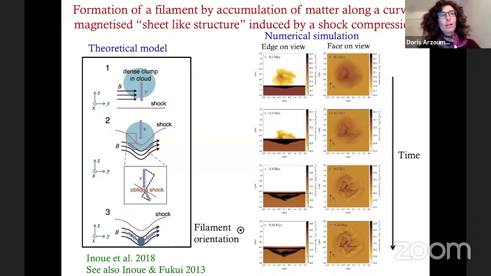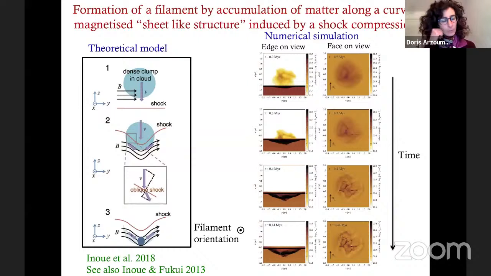It has to be connected with the magnetic field. And the fact that the magnetic field is strong makes this bending possible. If the magnetic field was not strong enough, then you would not have this bending, and you would not be able to create a flow along the magnetic field. Since the magnetic field is strong, you can have this bend, and then you can have a flow along the magnetic field, and then you will be able to form long filaments.